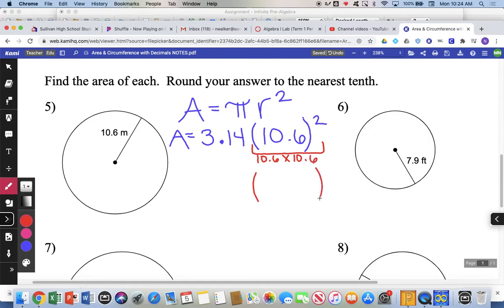If you plug that in, 10.6 times 10.6, Nate, what do you get? 112.36. Okay, we do not round anything until our very final answer. Now we have to take that 112.36 times 3.14.